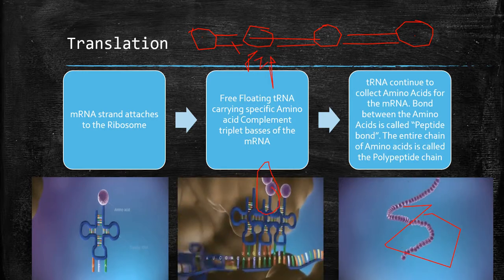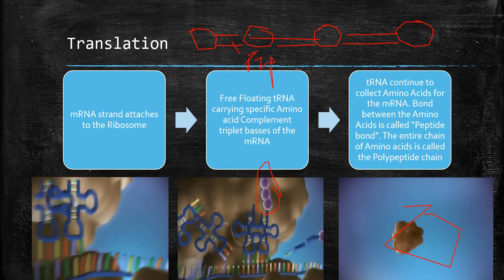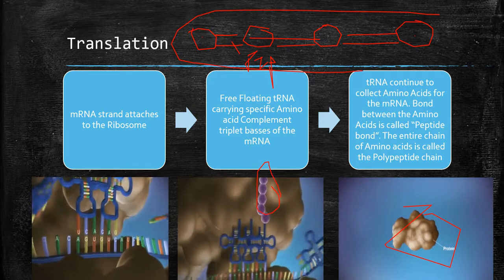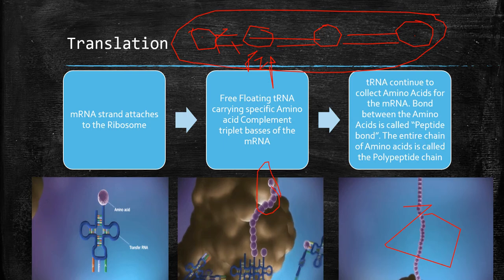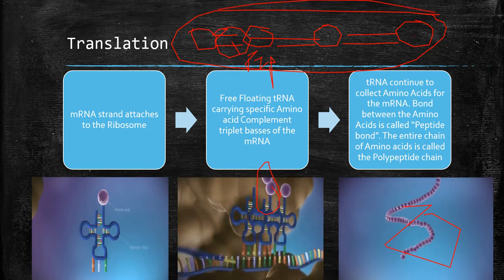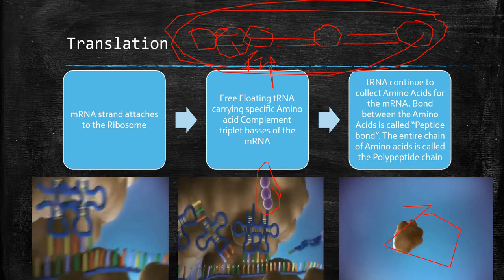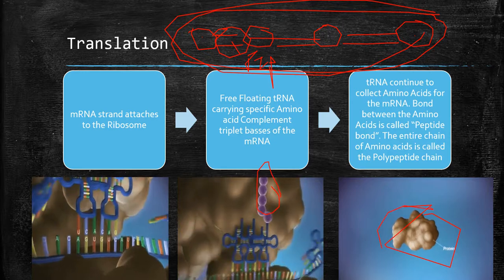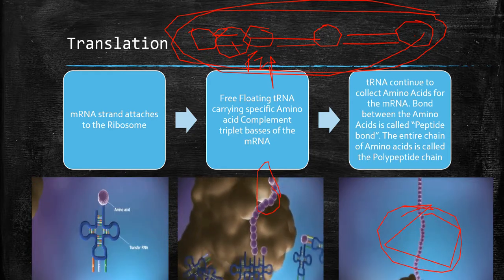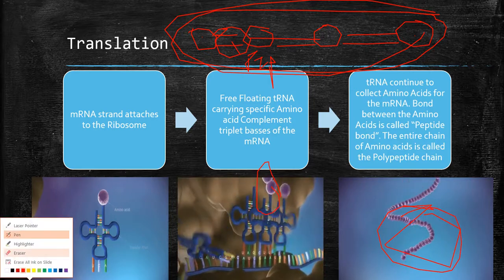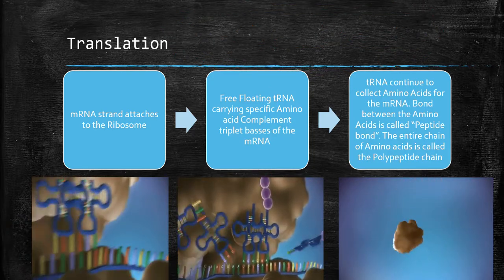The entire chain of amino acids is called a polypeptide chain. The specific shape in which all these amino acids are in will give you your protein, and that's basically protein synthesis in a nutshell.